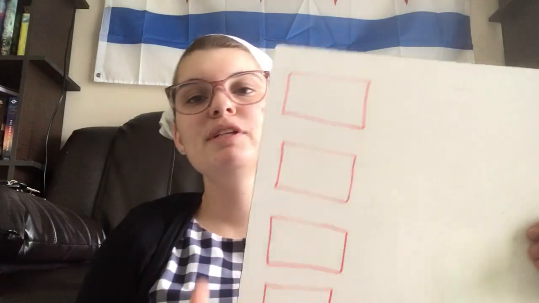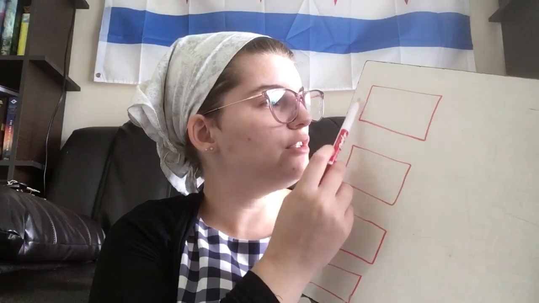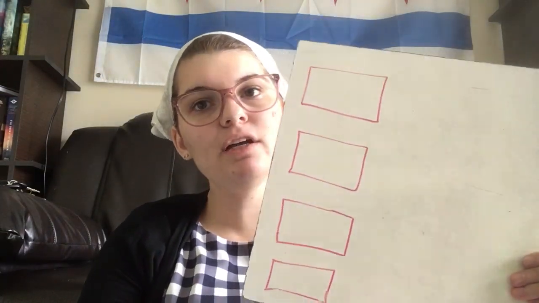So I'm going to draw several rectangles here for us. All right, and what it tells us is that the perimeter is 16 centimeters, which means whatever we find, we have two lengths and two widths, and they have to equal 16, okay?